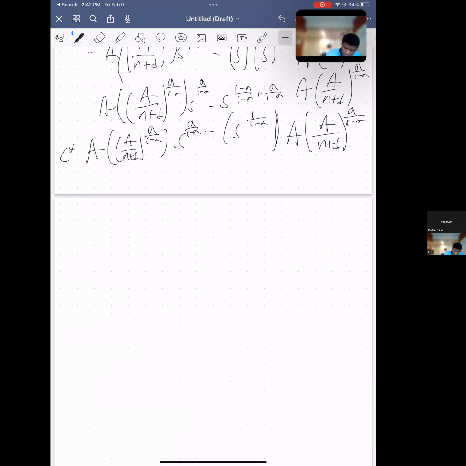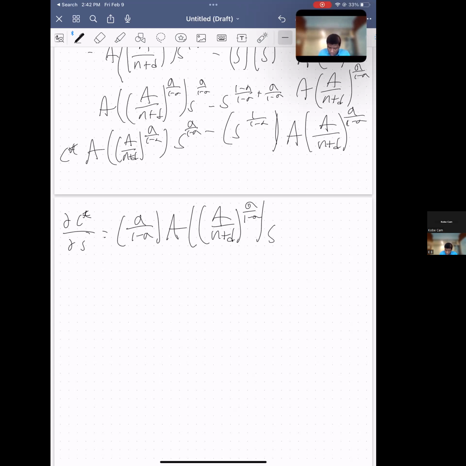This is C star, so the derivative of C star in terms of S is just a over 1 minus a, because we're doing the power rule, times a over (n plus d), to the a over 1 minus a, and then we have S. Remember, we're subtracting 1 from the exponent, so this is S to the a over 1 minus a, minus 1.